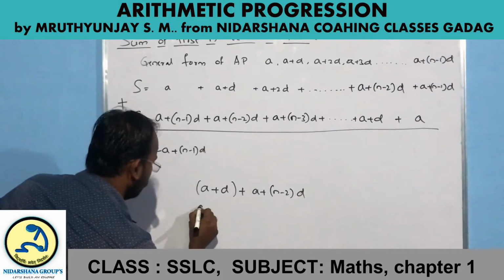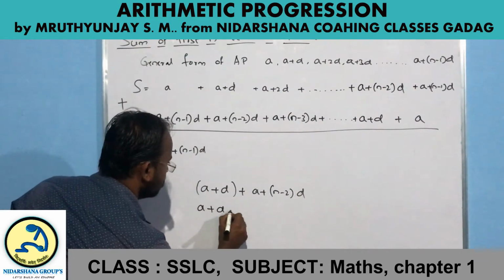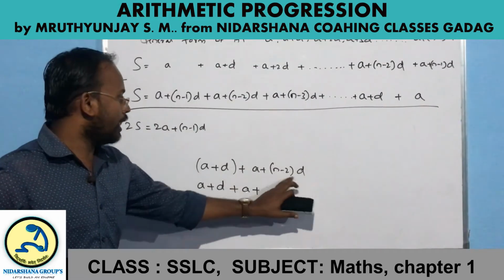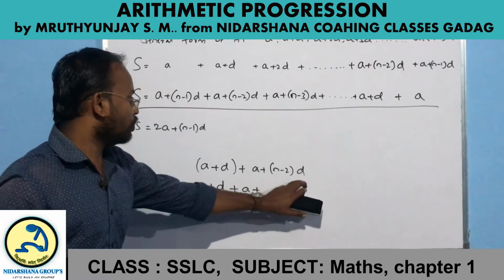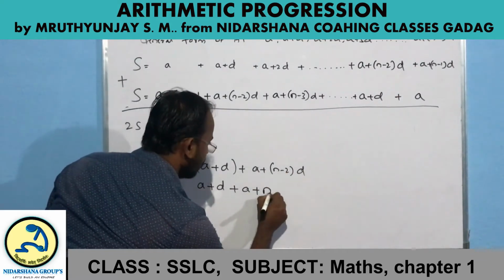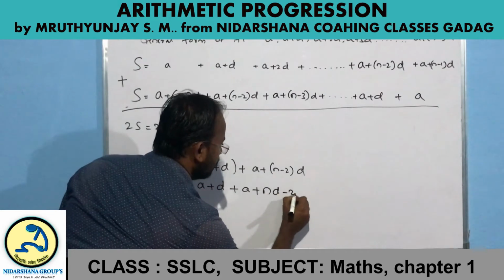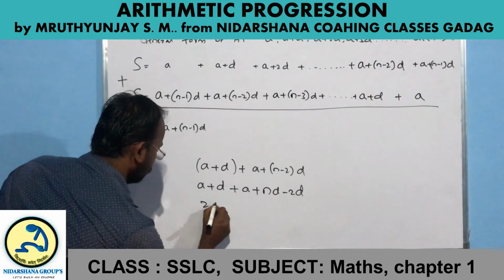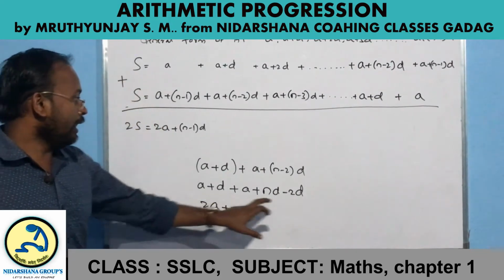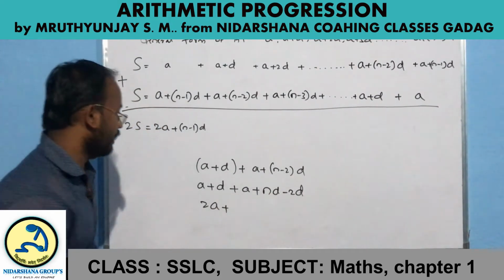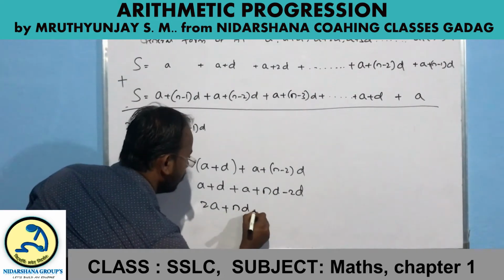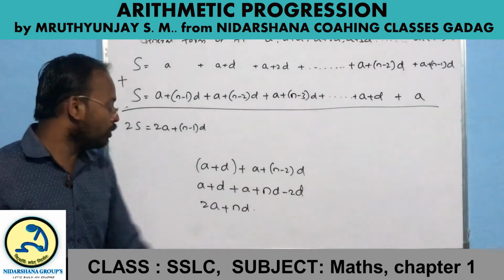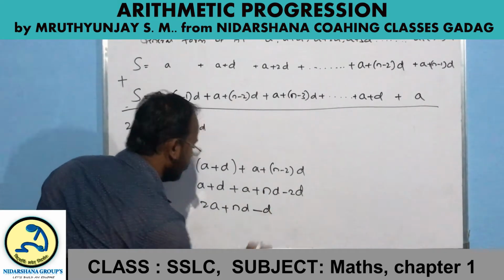Okay, so I will elaborate on this one. I will expand this a plus d plus a plus n minus 2 into d. So I need to multiply this n minus 2 with d. n into d, it becomes nd minus 2d. Plus d, minus 2d plus d will be minus d.